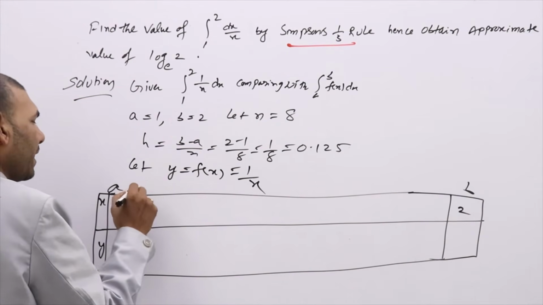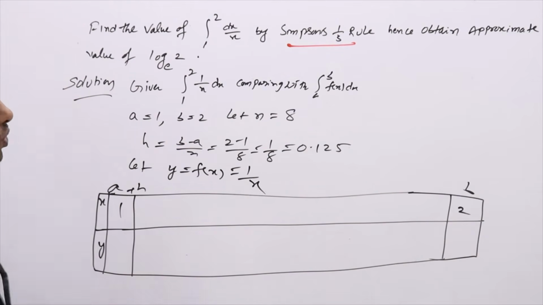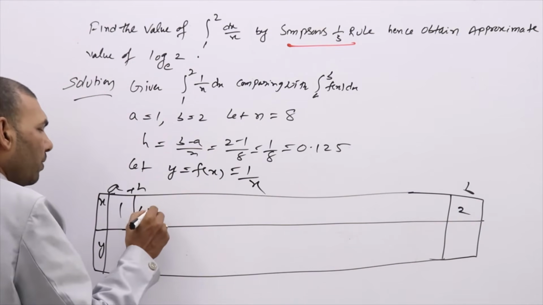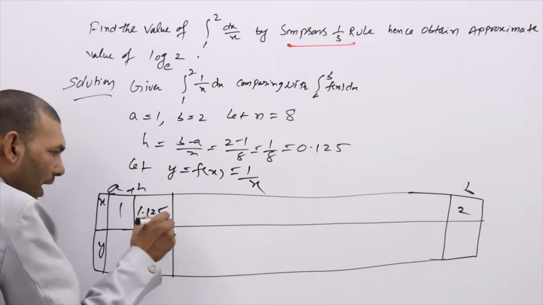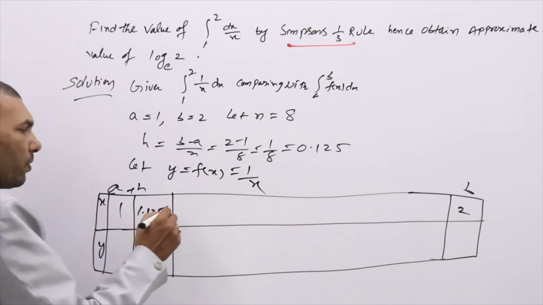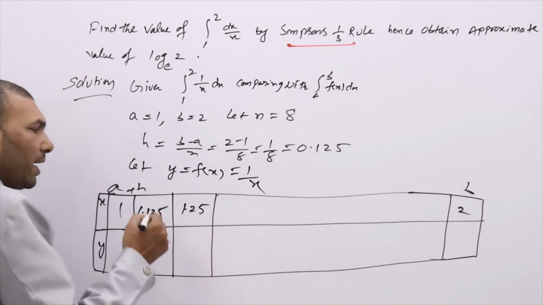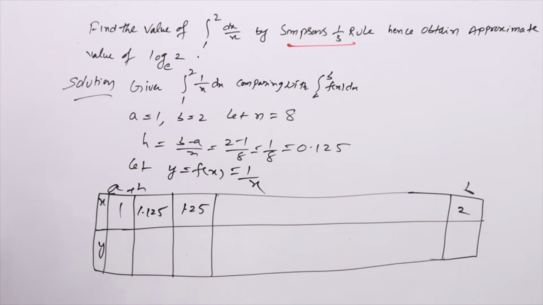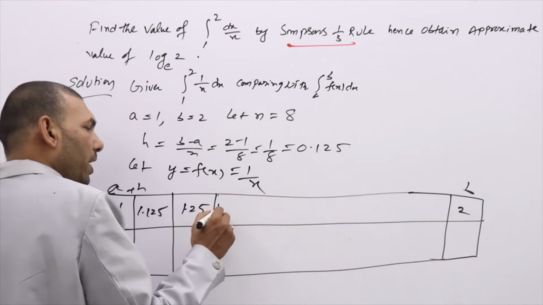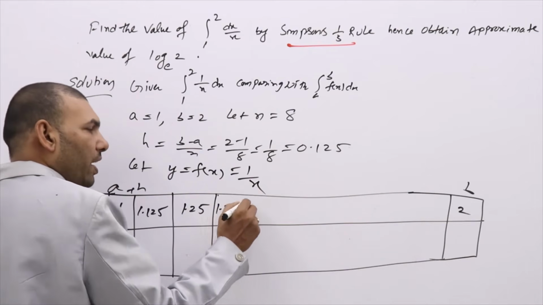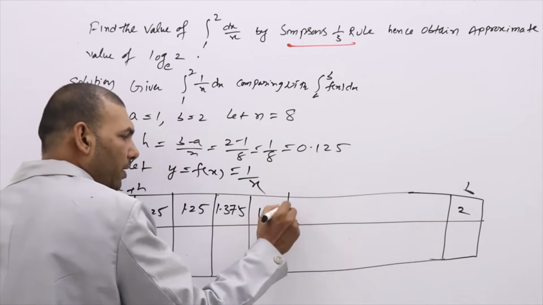So by adding h, add h to a, you will get the first X value, 1.125. Again add 0.125, you will get 1.25. Again add 0.125, 1.375, 1.5.